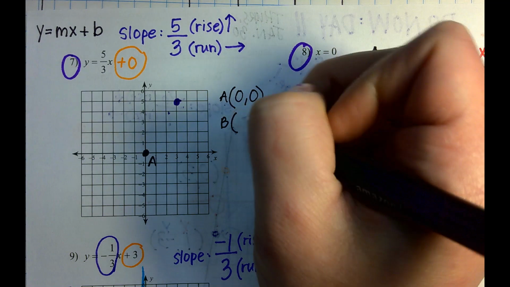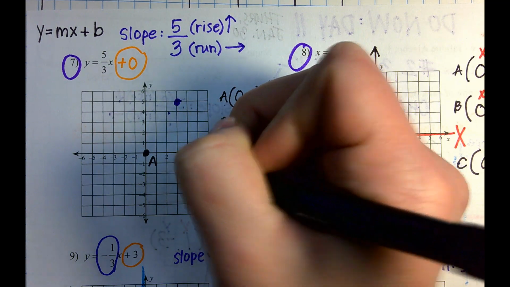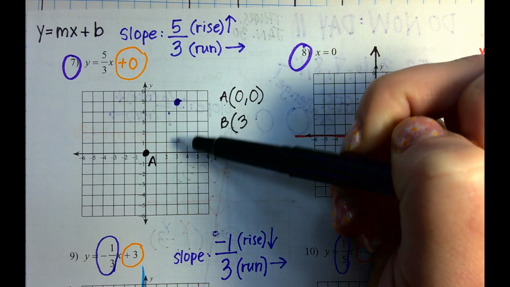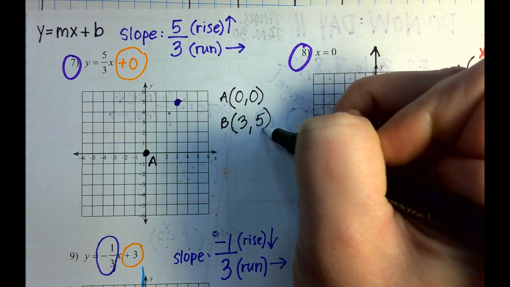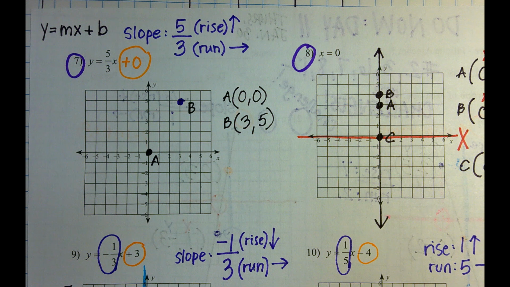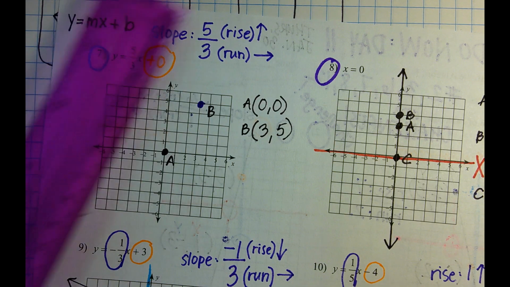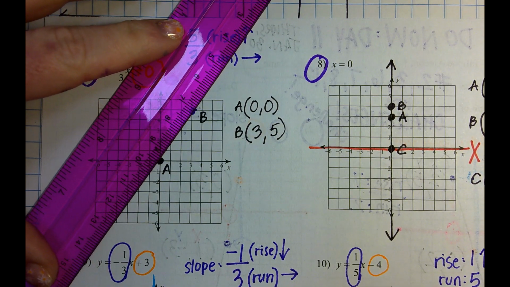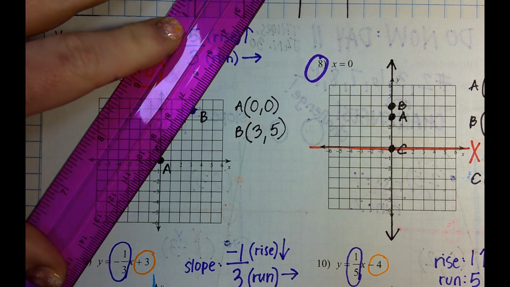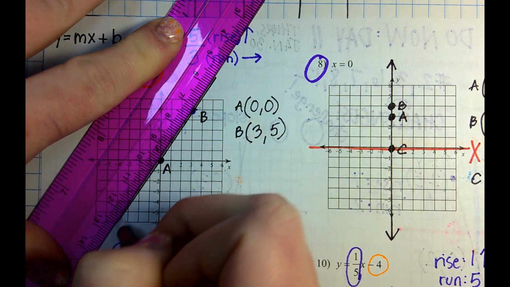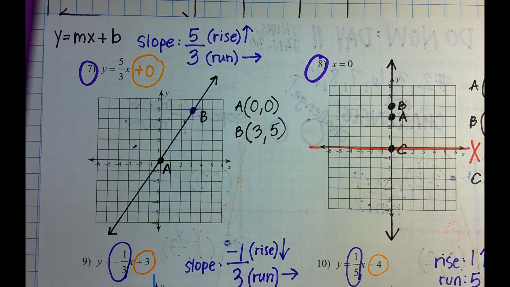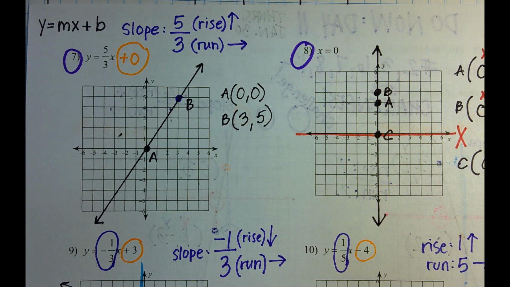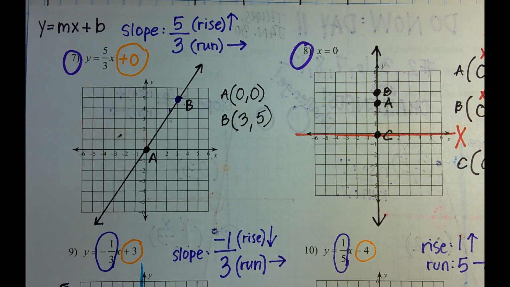Yep, 3 and 5. 3 is where it lines up on the x-axis, right there, 5 on the y. So that's point B, and then we connect the dots. Not so bad. Amazing. Good job, guys.